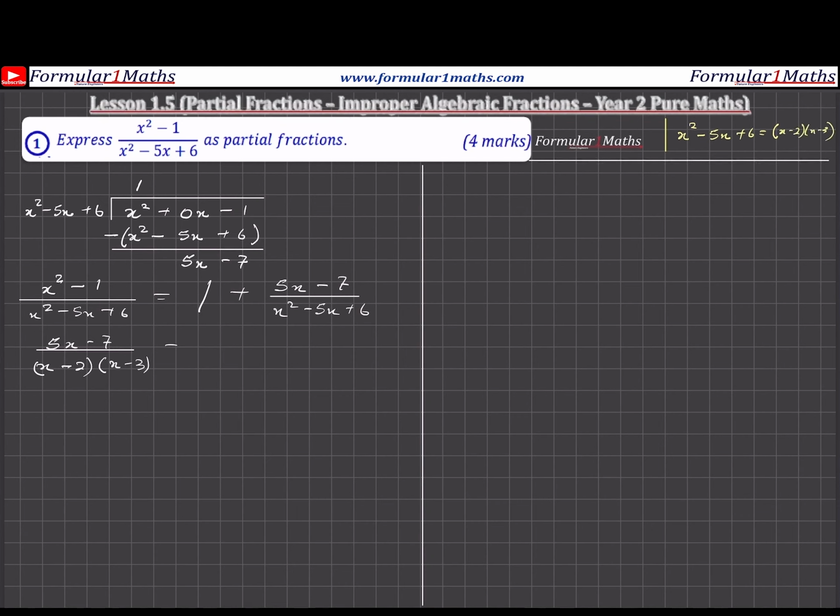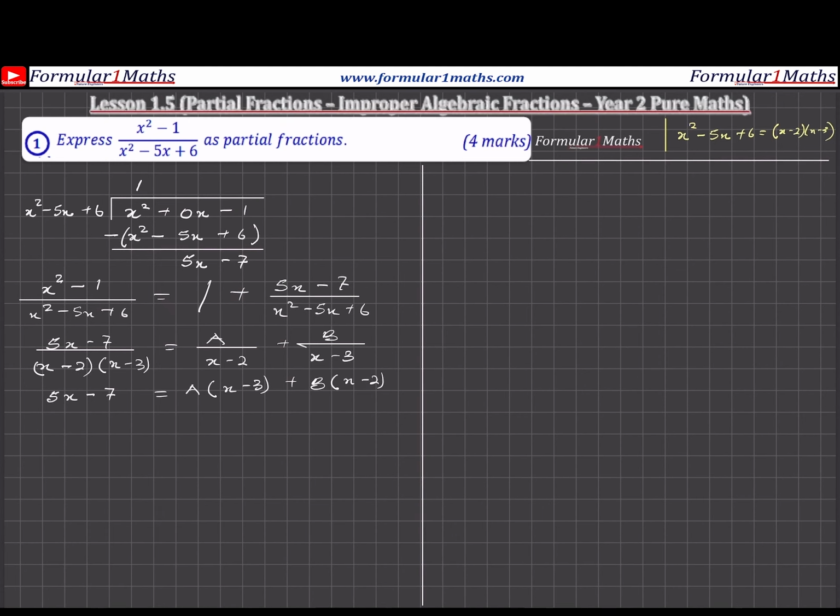So this will be equal to a over x minus 2 plus b over x minus 3. Then I'll multiply all the 3 terms by this denominator. If I do that, I'm going to get 5x minus 7 on the left-hand side equals a brackets x minus 3 plus b times x minus 2.